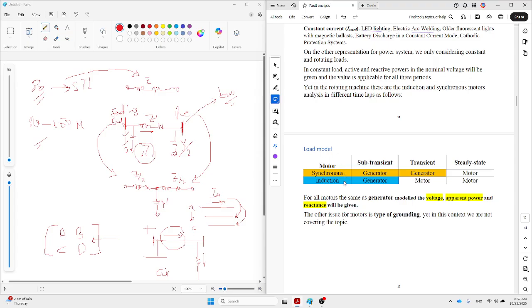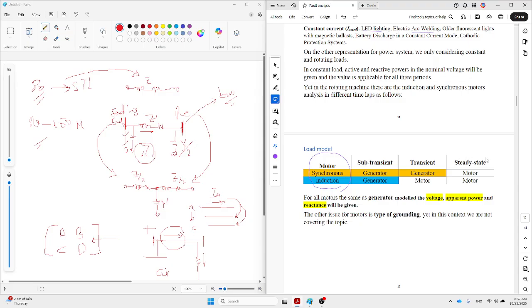Now we have two different types of motors, the synchronous motor and the induction or asynchronous motor. During the faulty condition, the operation of these motors changes. First, focus on the steady state.